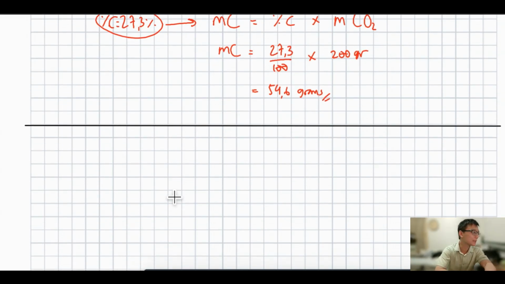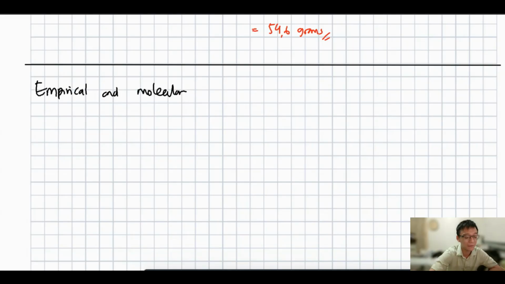Finally, we would like to discuss empirical formula and molecular formula. Empirical formula is the simplest chemical formula. So you simplify the numbers as much as possible. While molecular formula is the molecule as it is. For example, C2H4.